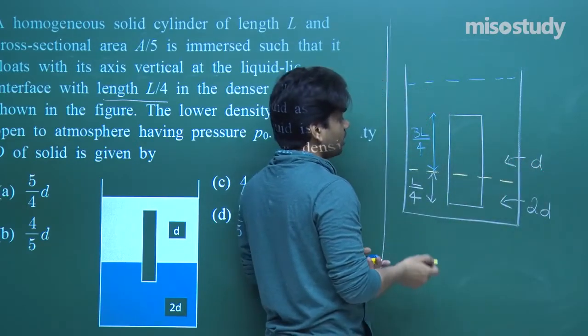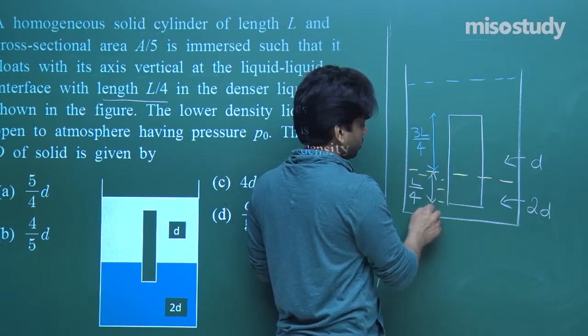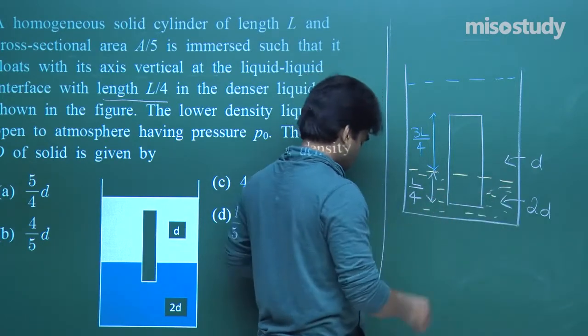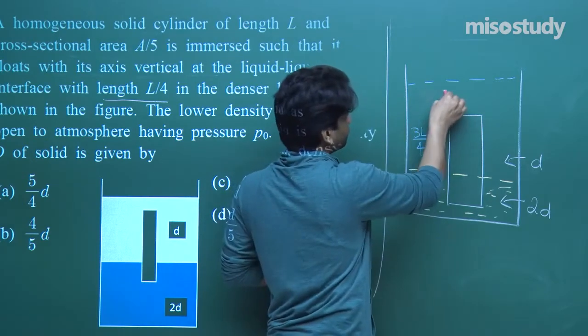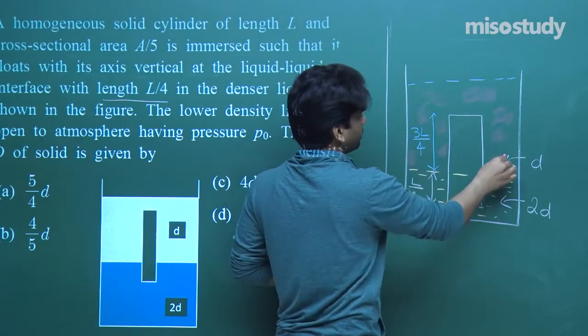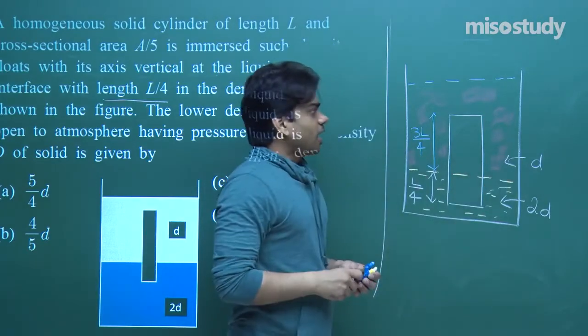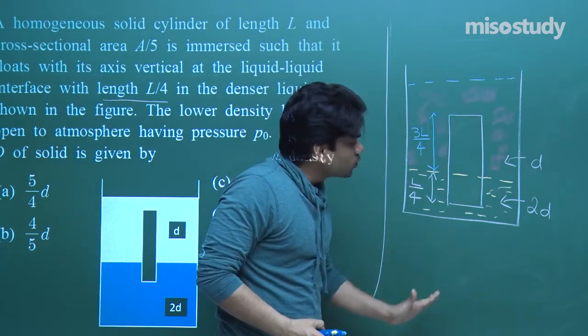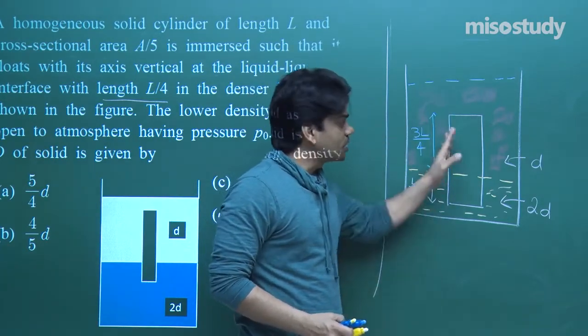So now if I just show you these two liquids, and here I am using a different color. I hope that you would have understood how to do this. Again, the net downward force will be equal to the net upward force due to both these liquids.